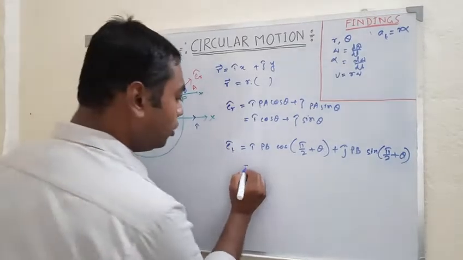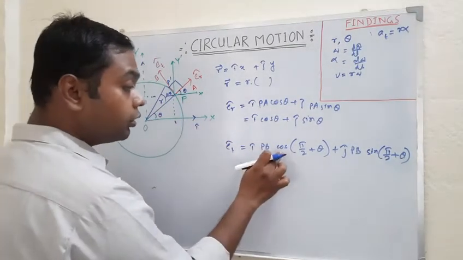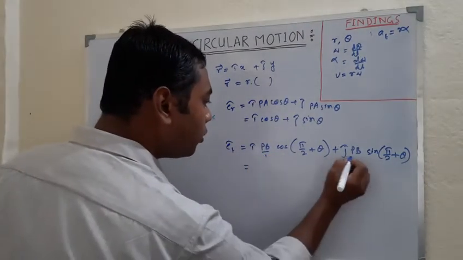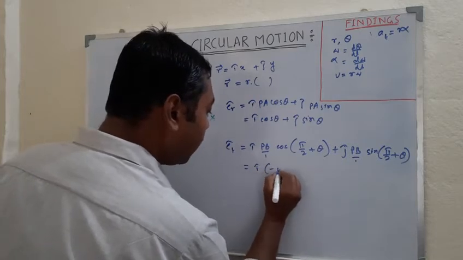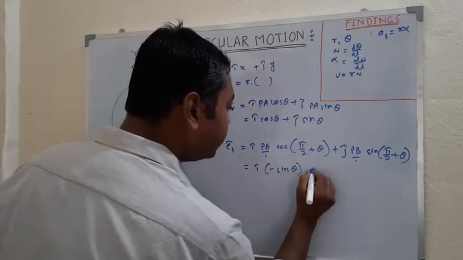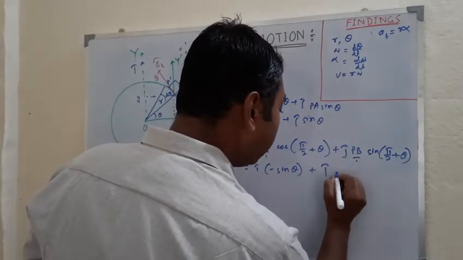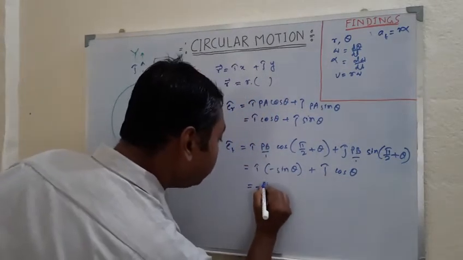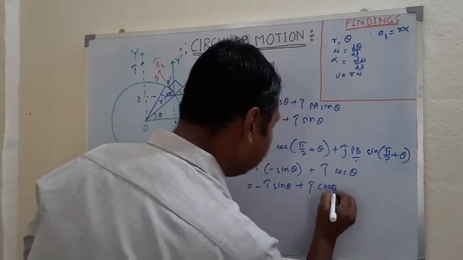Clear so far? In the second quadrant, cos is negative, and the value of PB is 1, so we get minus i sin theta. In the second quadrant, sin is positive, so we get j cos theta. So it is nothing but minus i cap sin theta plus j cap cos theta.